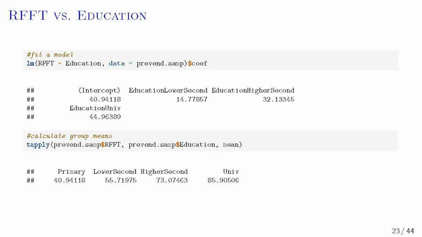And we can see at the bottom of the slide that that's exactly the case. The primary education mean is 40.94 and the lower second is 55.71 or 9, thereabouts.